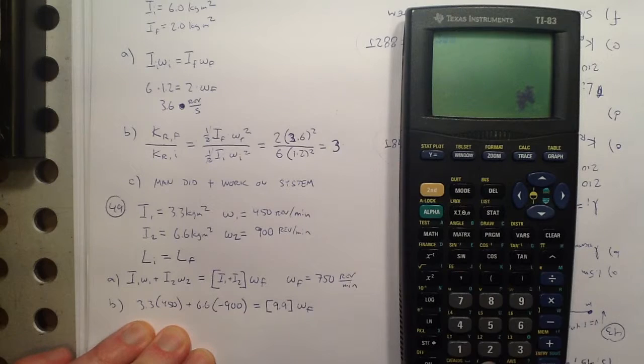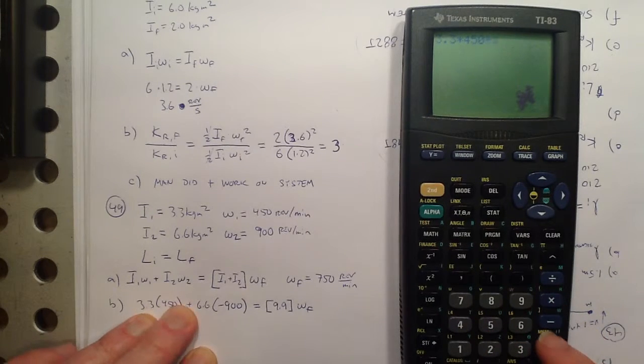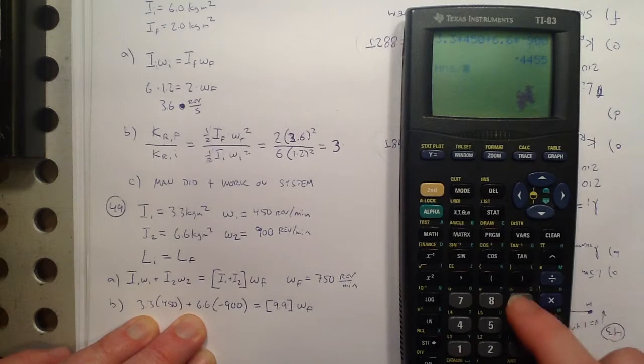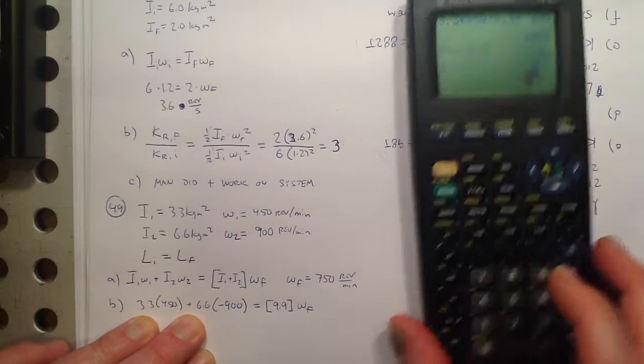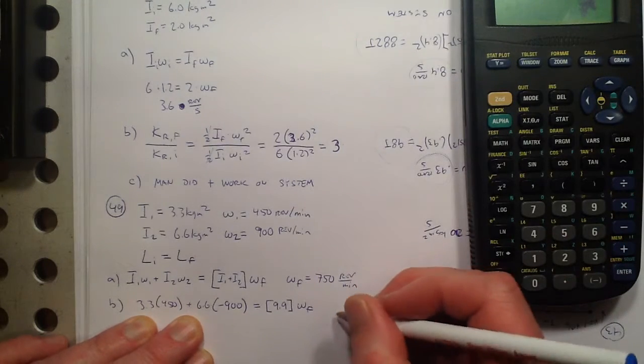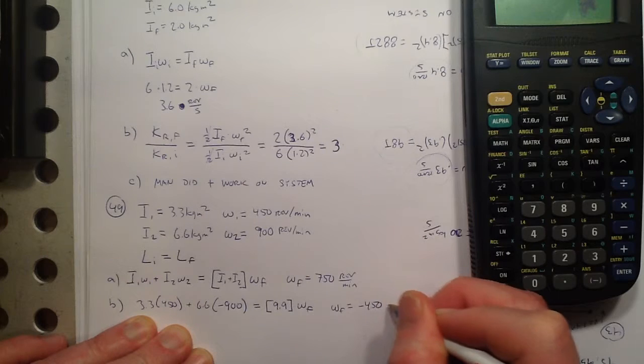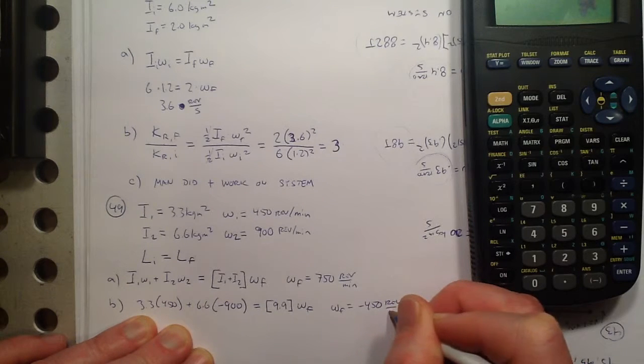So now I have 3.3 times 450 plus 6.6 times negative 900, and then divide that by 9.9. So now that gives me negative 450 revolutions per minute.